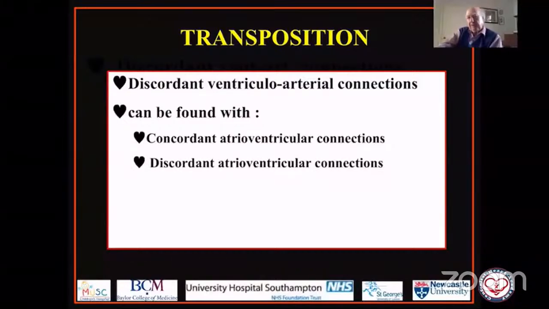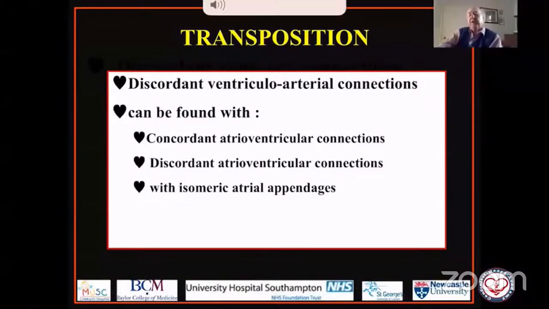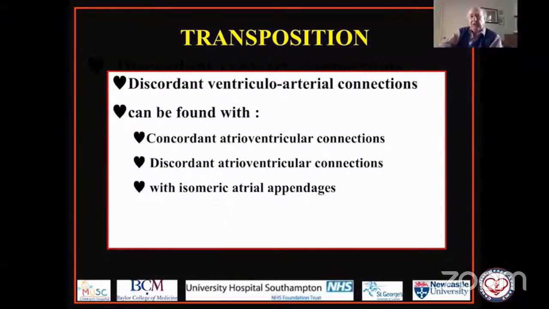In the 2 weeks prior to that, we discussed the combination of discordant ventricular arterial and discordant atrioventricular connections, and we mentioned how the two discordant connections canceled each other out so that we had congenitally corrected transposition. And we've also mentioned that you can have discordant ventricular arterial connections in the setting of isomeric atrial appendages.